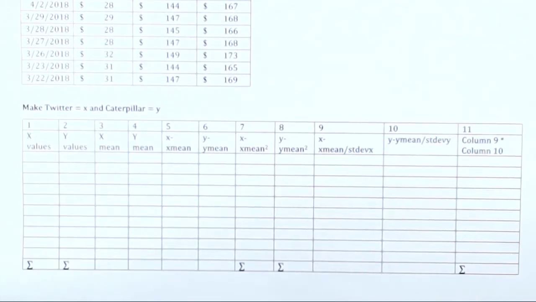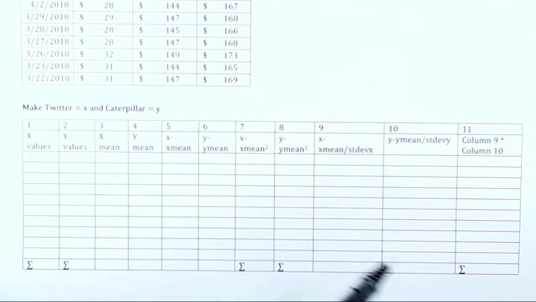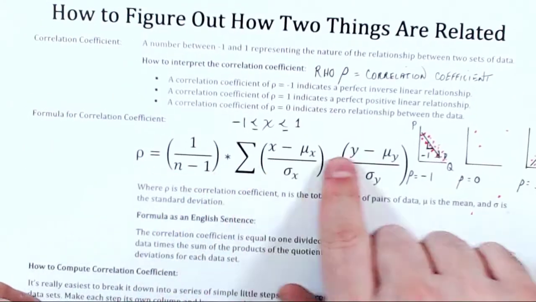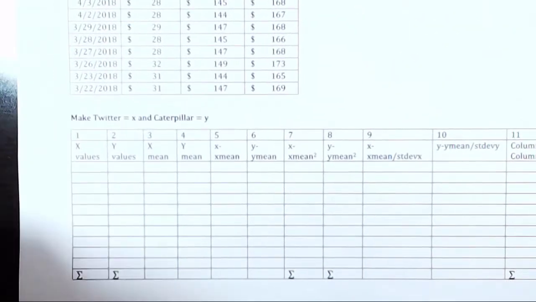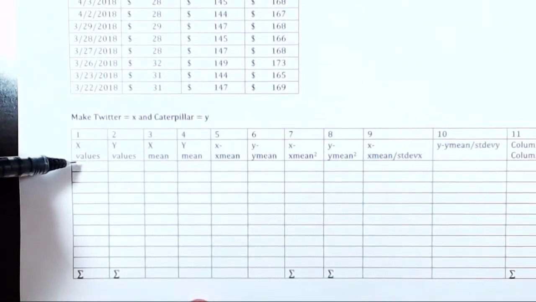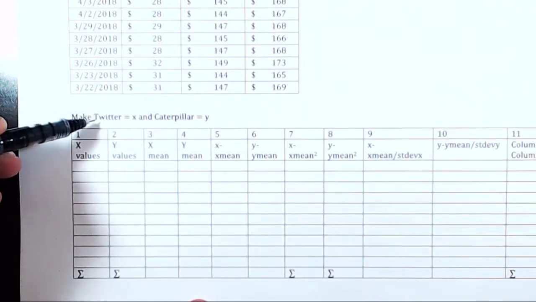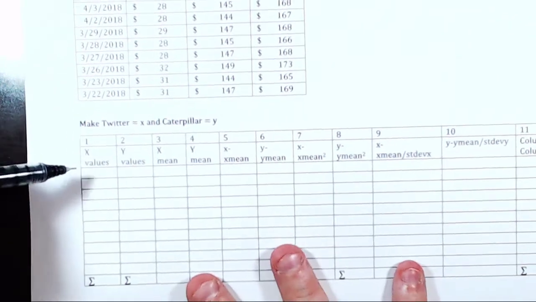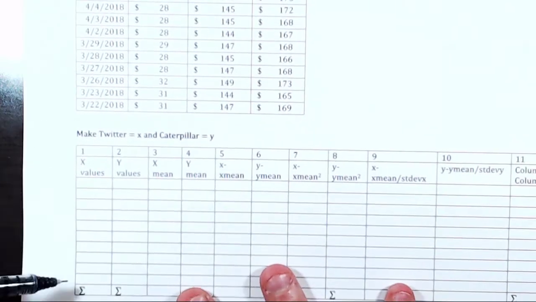It's just a matter of filling in the values on this table to arrive at the correlation coefficient, and we don't have to try to remember this scary equation. So let's just start. In column 1, I'm asked to transcribe the values for Twitter, because we're calling Twitter X and Caterpillar Y. I'm asked to go up here and transcribe these values down into my table.